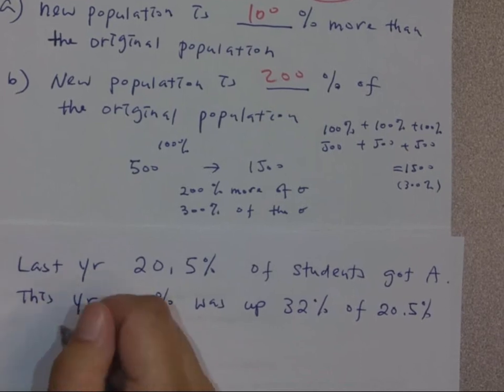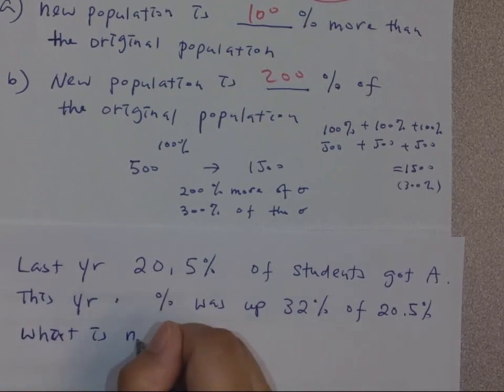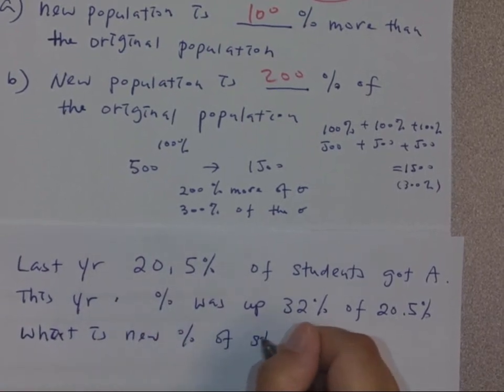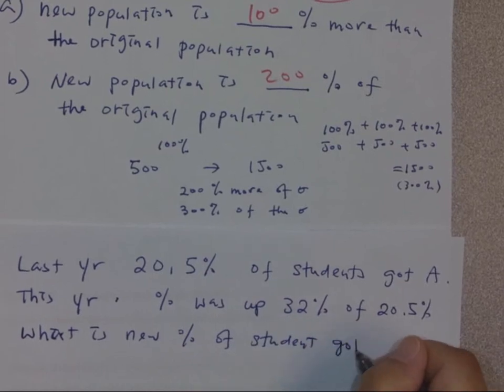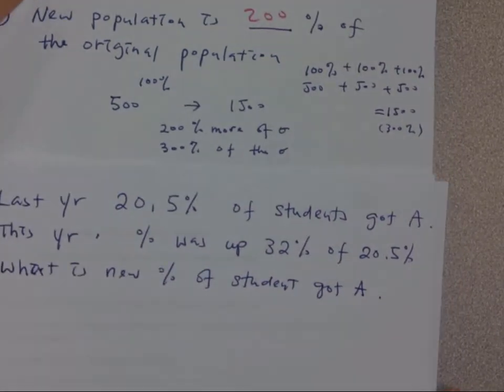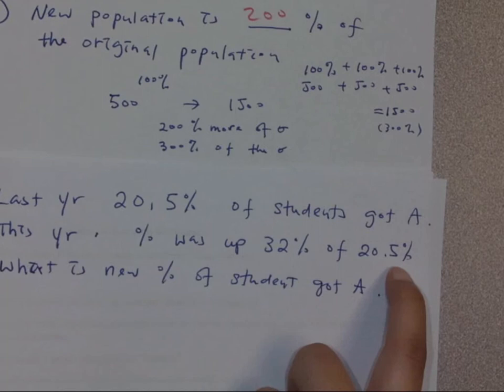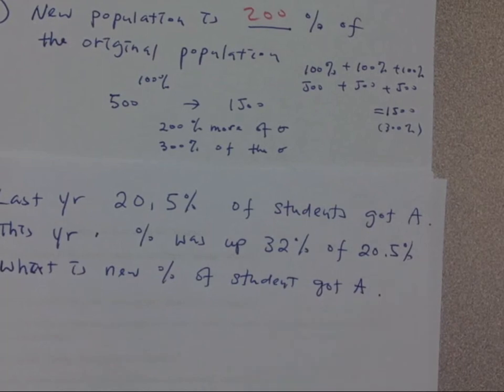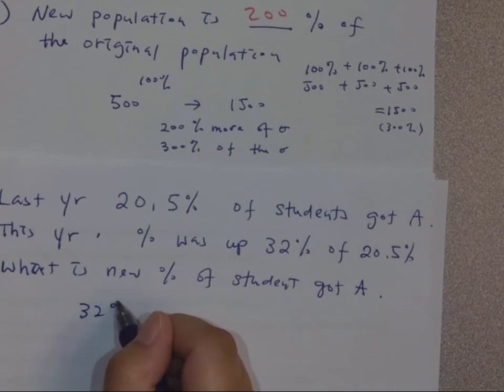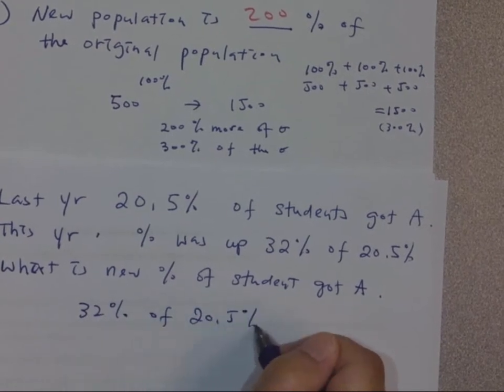So what is the new percentage of students who get an A? Do I add them together? No. It's 32% of this, right? So how do I find that? Multiply. If I have 32% of 20.5%, I need to multiply, right?